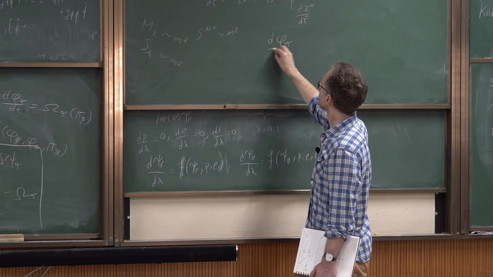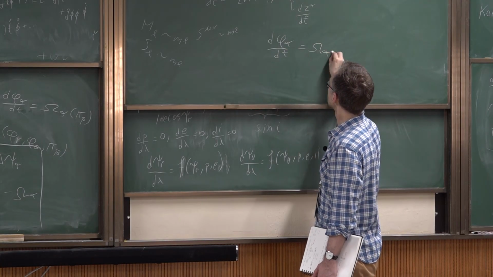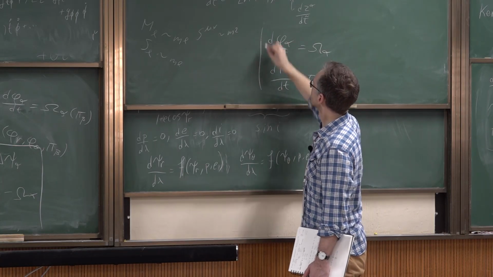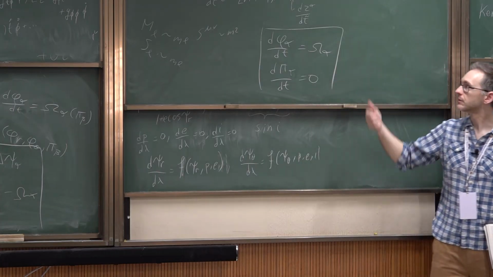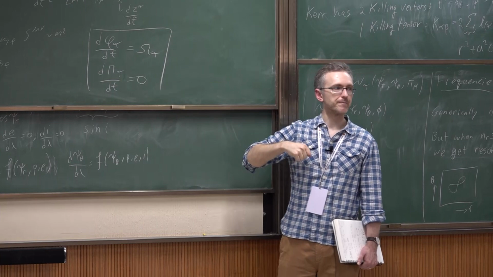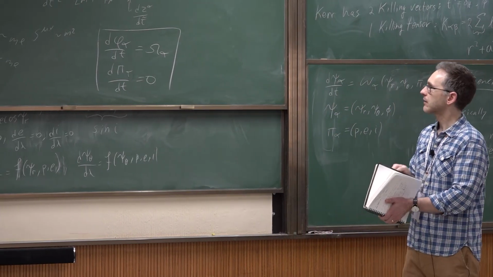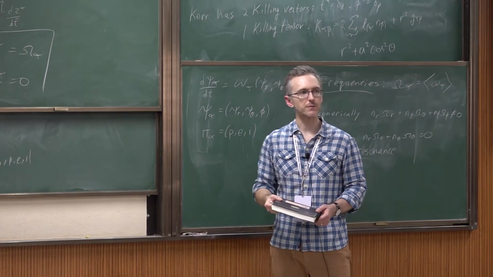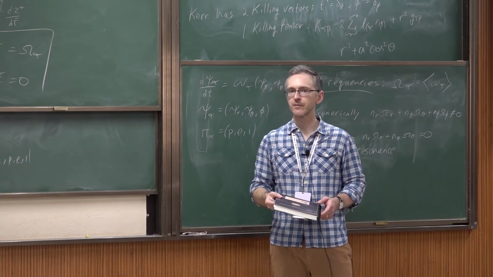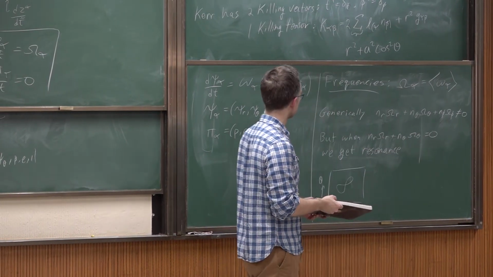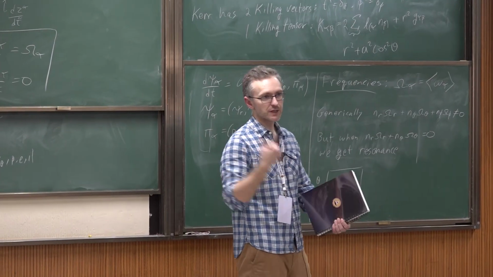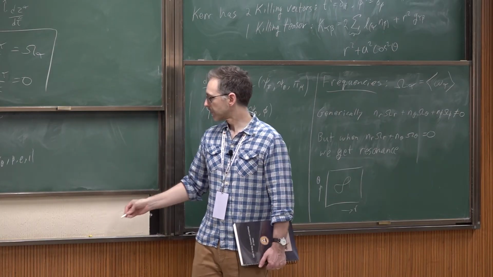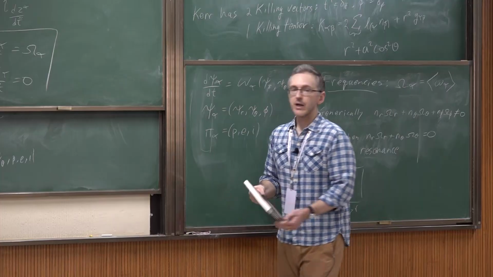I've got dΦ_α/dt is Ω_α, and dπ_α/dt is 0. So I've reduced the geodesic equation to these equations. Okay, so I'll end there, but might have time for questions, if there are any. Nope, this is an exact coordinate transformation. We don't lose anything. Okay, let's end it there then.